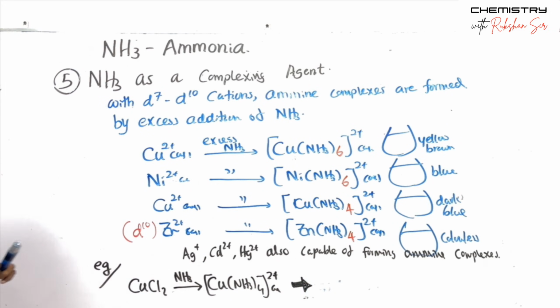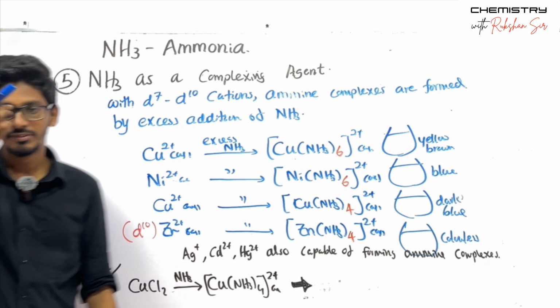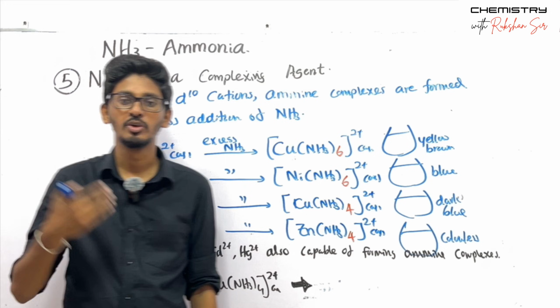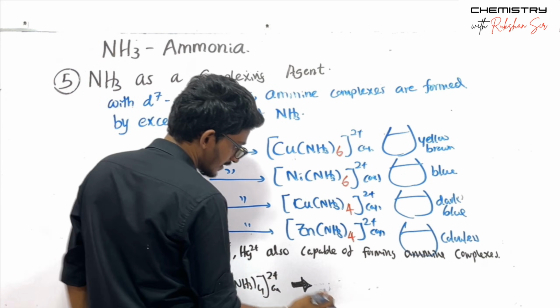So what we are supposed to do? So these complex formations are also referred to as kind of exchange reactions. Like precipitation reactions, complex formations are also exchange reactions. So what we can do? Just exchange the stuff there.